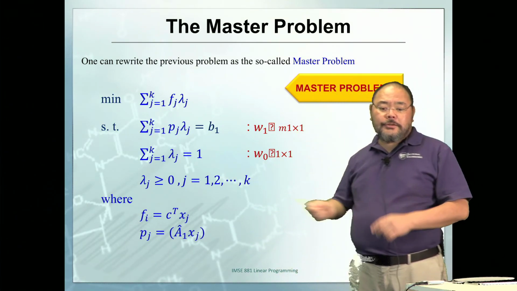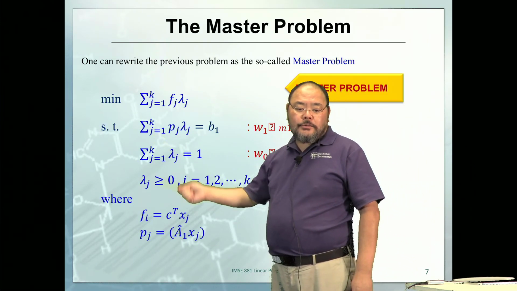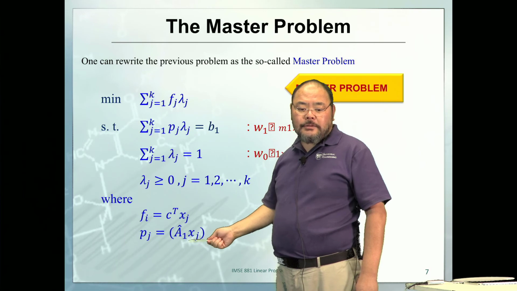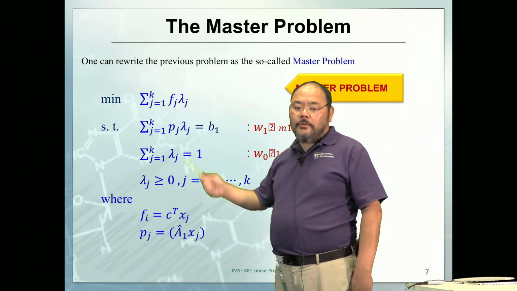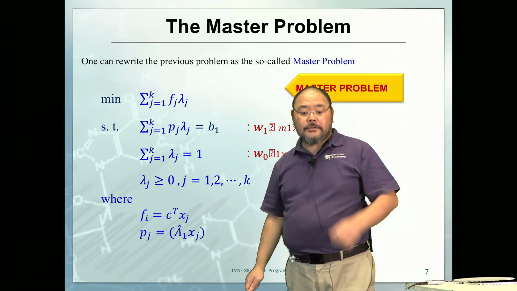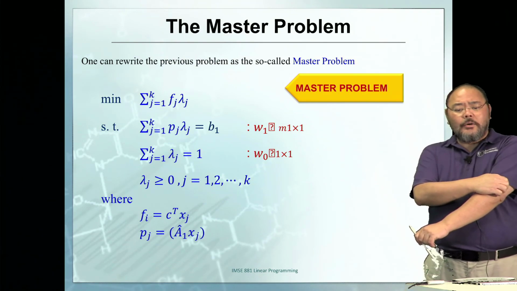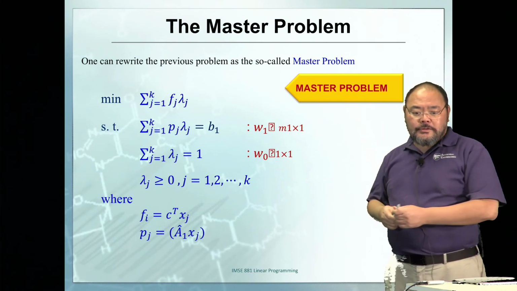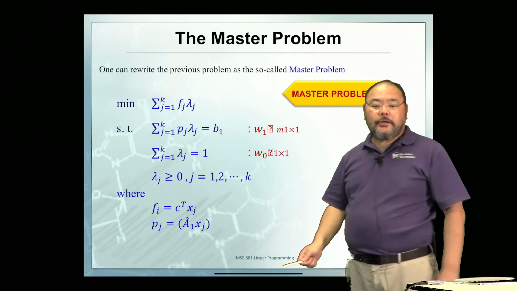A similar situation happens to the constraint: pj equals A1 hat times xj as well. So the only decision variable in the master problem is lambda. Of course, the sum of the lambda equals 1, and lambda is non-negative. This is pretty straightforward.